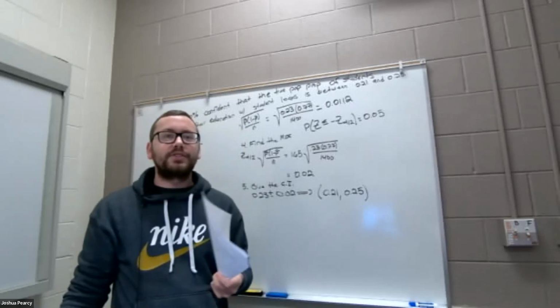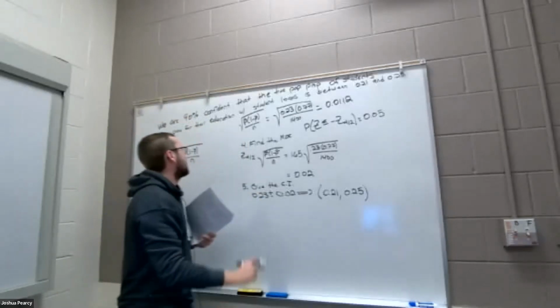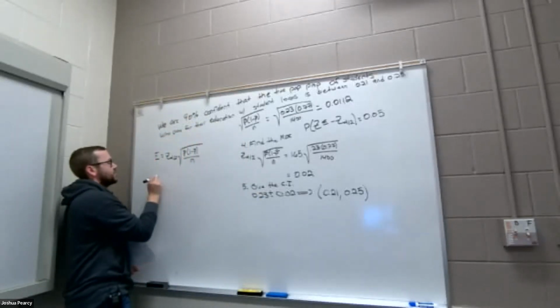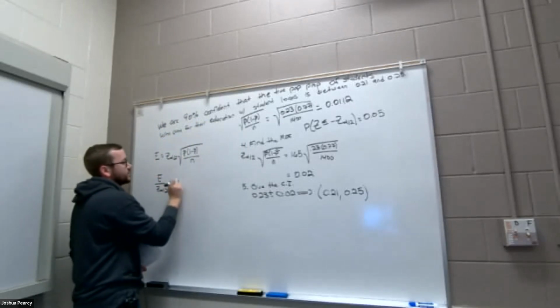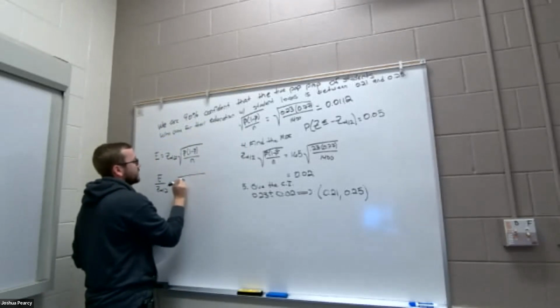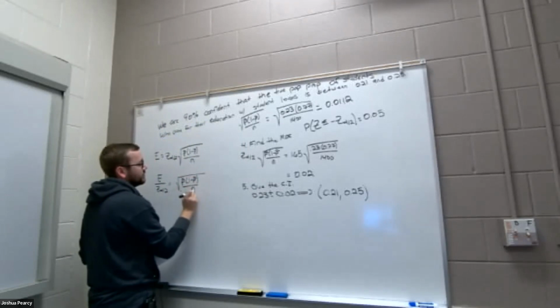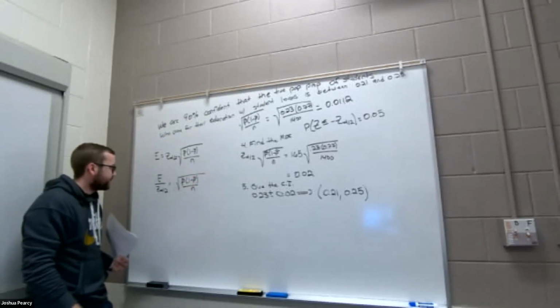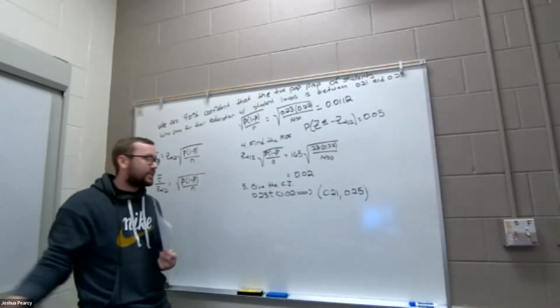You want me to show you how to solve for n? It's not that hard. First, divide by Z alpha over 2 on both sides. You get E divided by Z alpha over 2 is equal to the square root of p hat times 1 minus p hat over n. Then what do you think you do next? Square both sides.